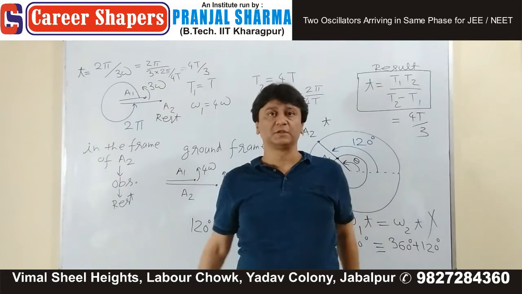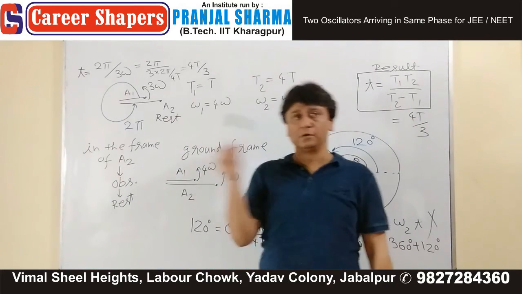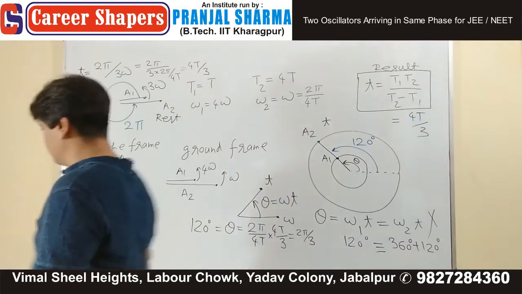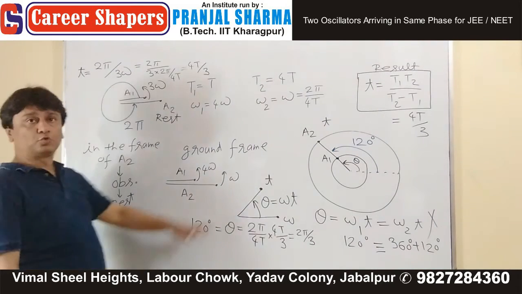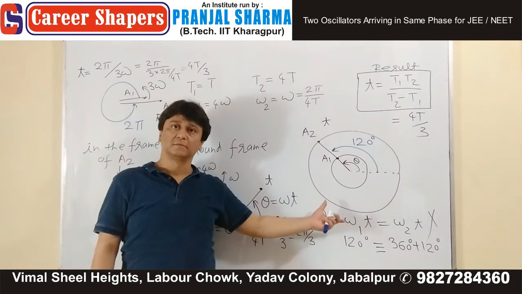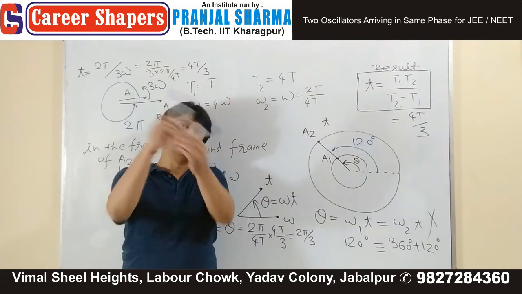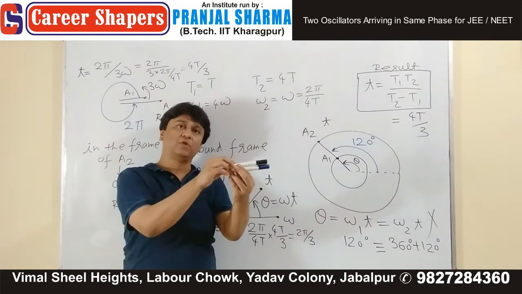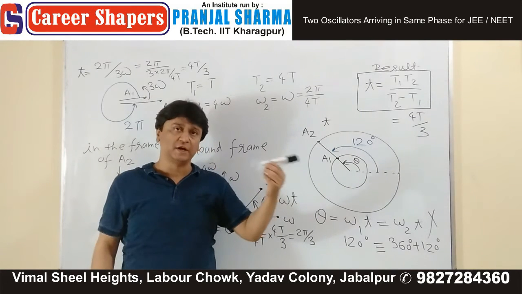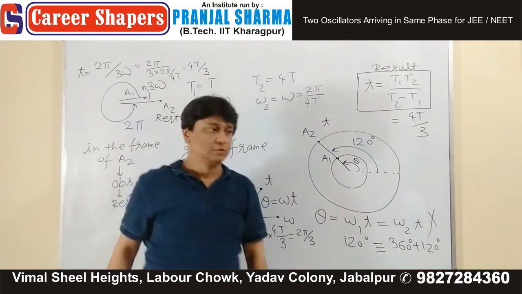Now the question is, if this continues, after what time will they both be in the same phase, but that same phase is now what? They both meet at the initial position itself. So try to answer this.